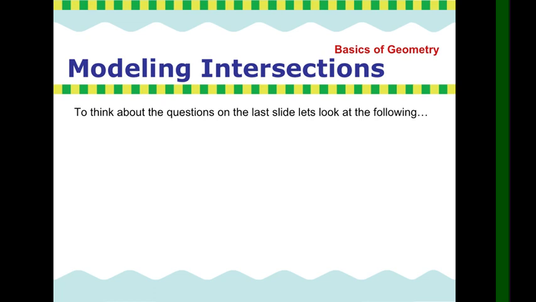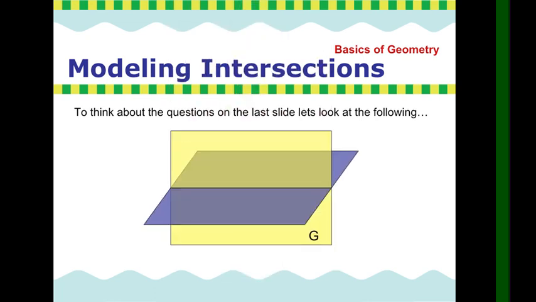So, modeling intersection. To think about the questions on the last slide, let's look at this one. These are two planes that intersect. We have line BAF, and then there is also a line that intersects this, and that's line DA, and there is also a line that intersects a plane, which is line CE.